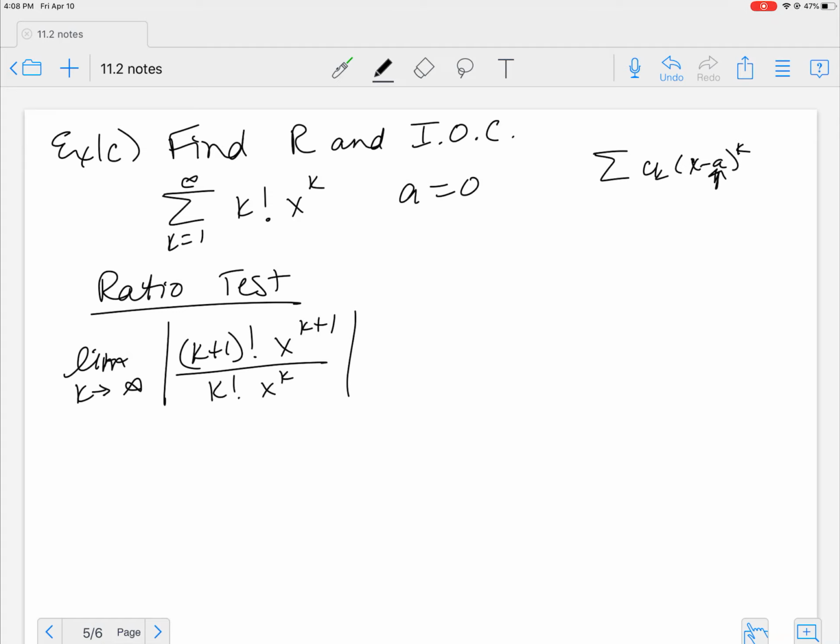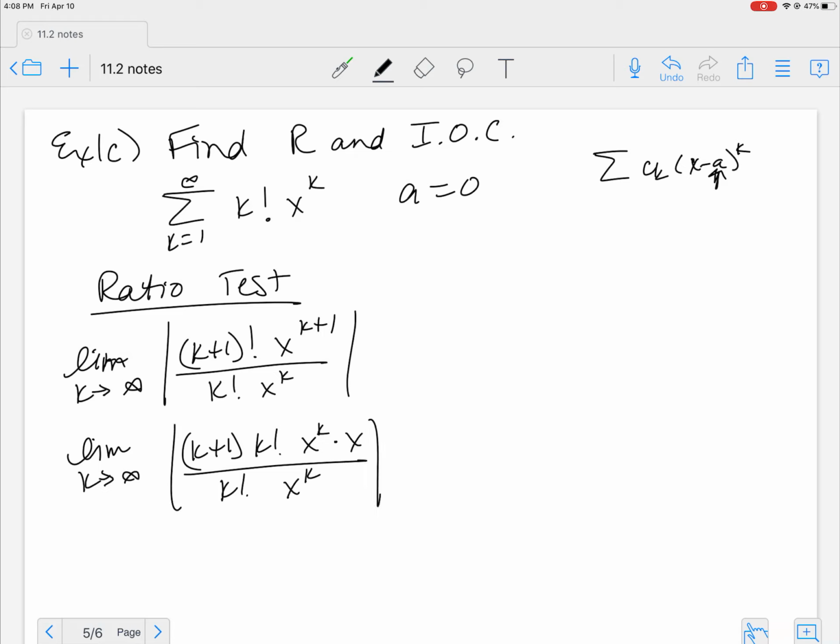All right, then break those up. I have k plus 1 times k factorial x to the k times x over k factorial x to the k. These x to the k's go. The k factorials obviously go.